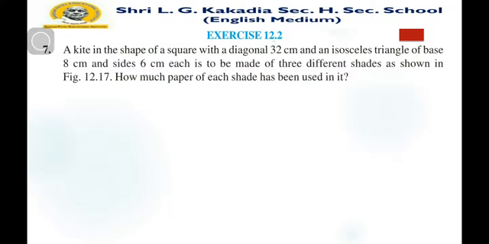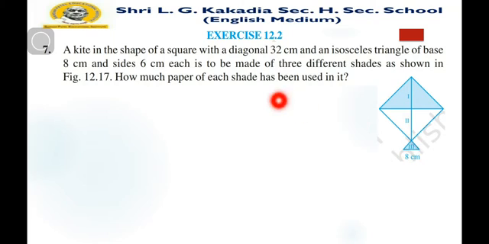Given in exercise 12.2, a kite is in the shape of a square with a diagonal of 32 centimeter and isosceles triangle of base 8 centimeter and sides of 6 centimeter, means these two sides are of 6 centimeter each.